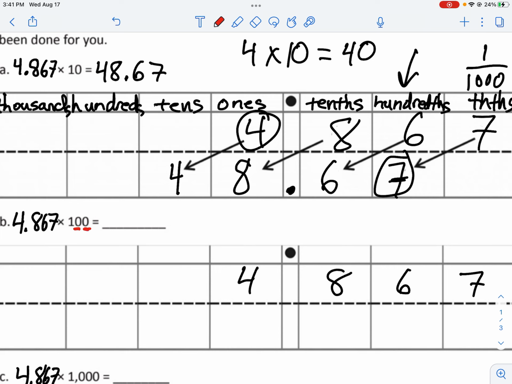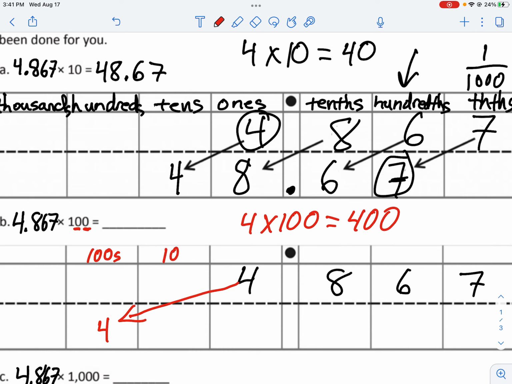We're multiplying times 100, and if we did 4 times 100, we would have 400. So our 4 is moving 2 spaces over here to the hundreds place. Here are my hundreds, my tens, my ones, my tenths, my hundredths, and my thousandths.